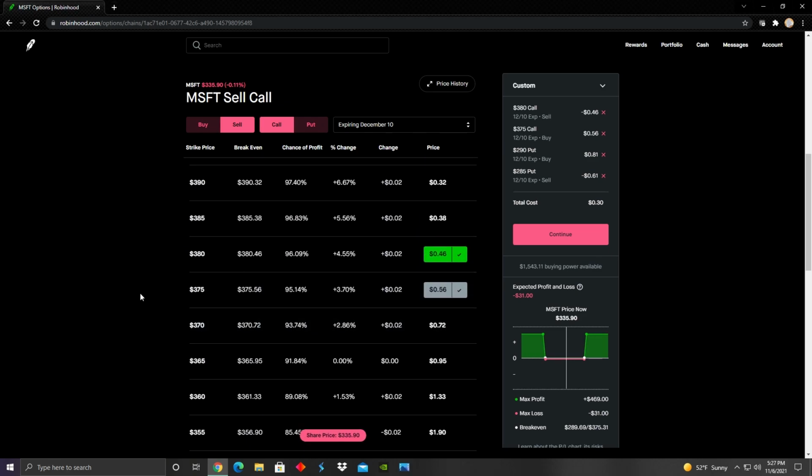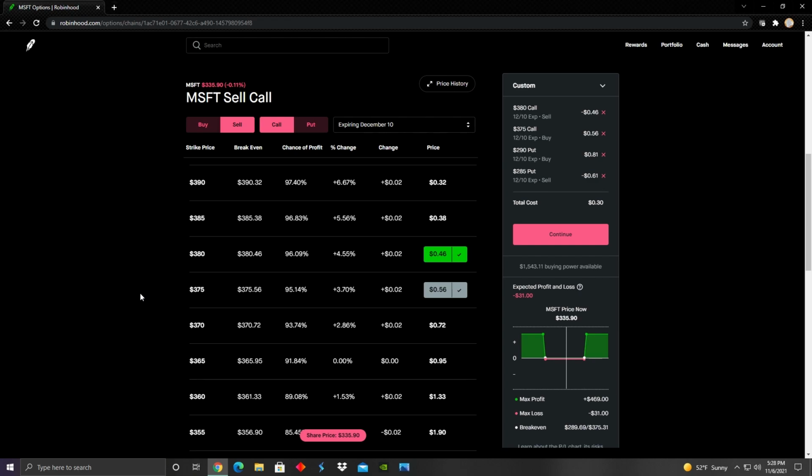Hypothetically speaking, upon expiration date, if the share price of Microsoft rises 1 penny above 375, let's say if it's at $375.01, that is 1 penny that we've collected. And remember, since we spent 31 cents to open it up, in order to break even, we have to experience at least a 31-cent increase above 375.